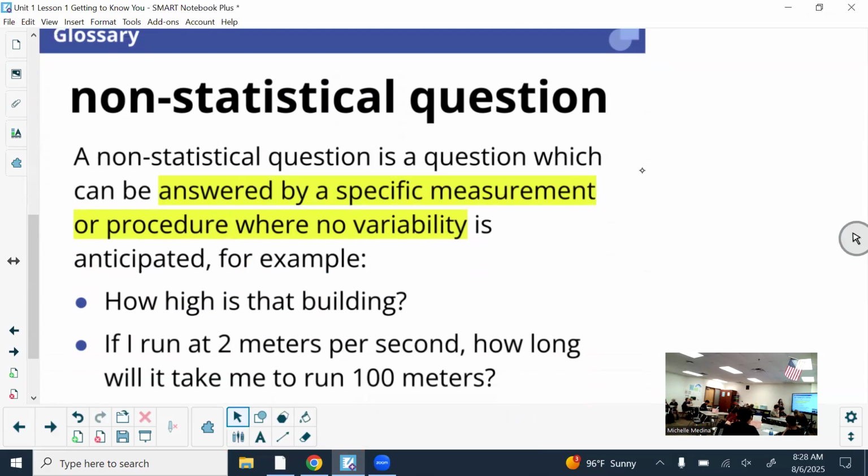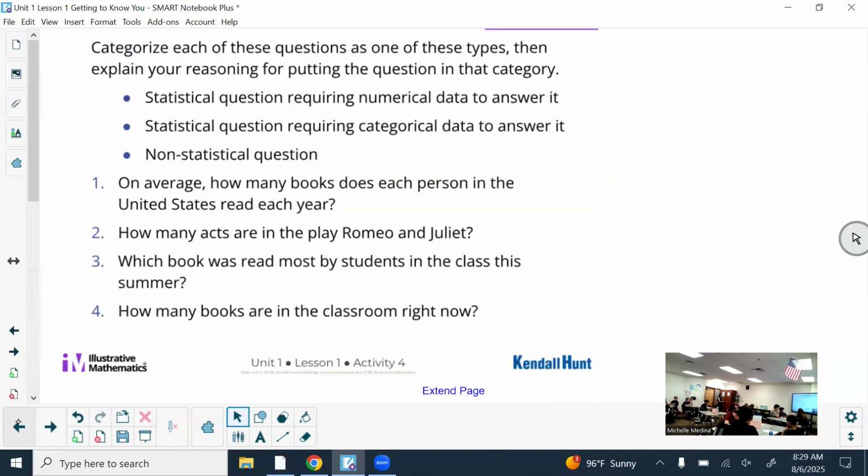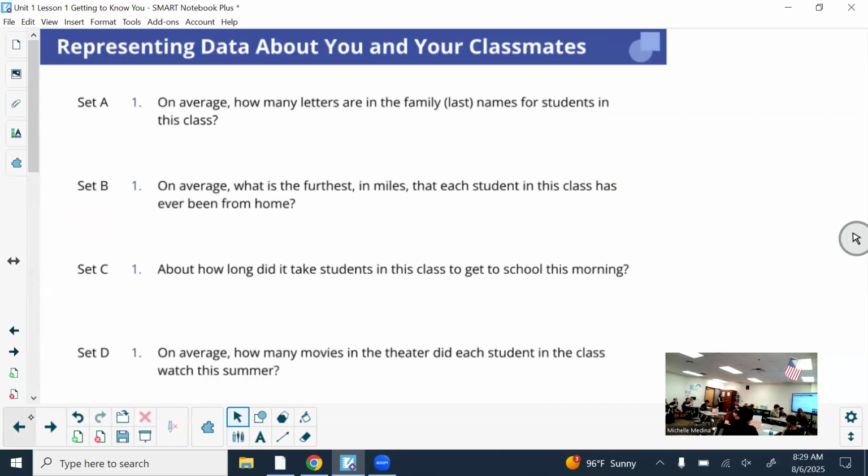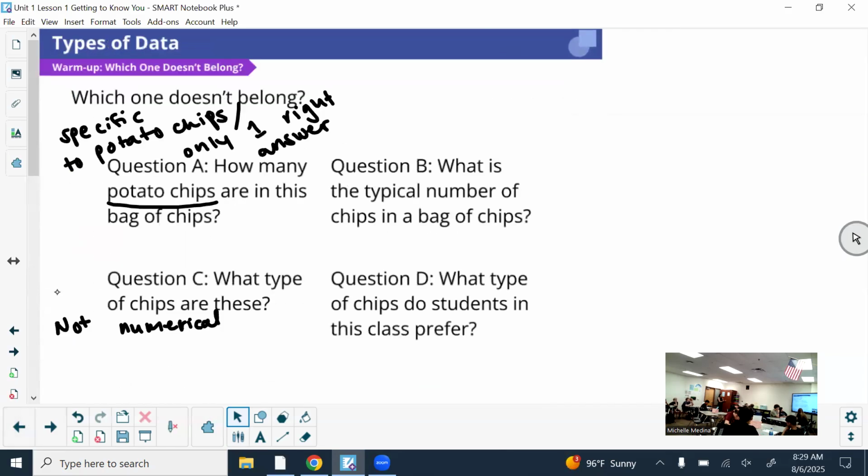So a non-statistical question is a question which can be answered by a specific measurement or procedure where there's no variability expected. Like I said, you can't give me different answers for how many students are in here, maybe 17 or 18, depending on count my TA or not. But there shouldn't be a big variation in that.